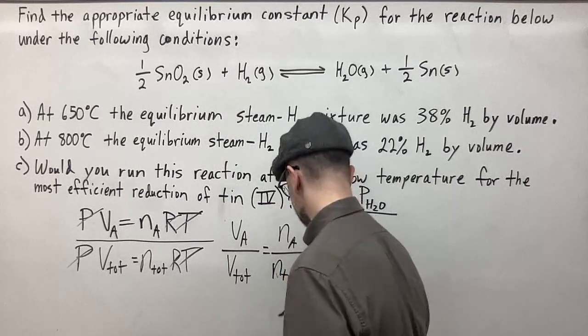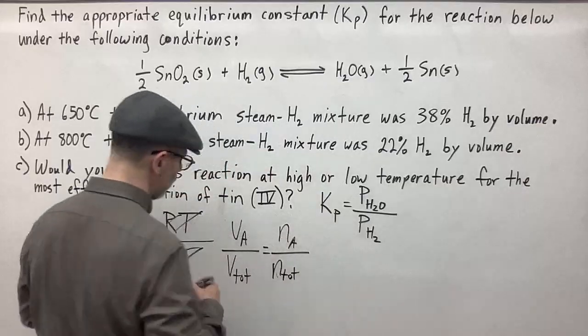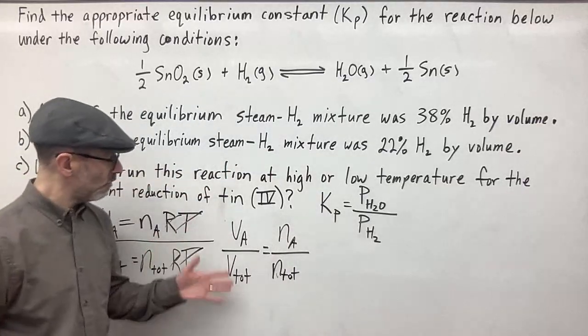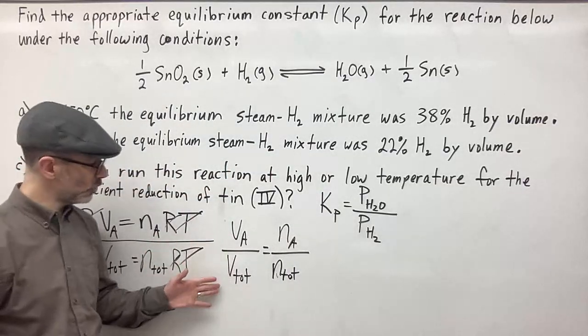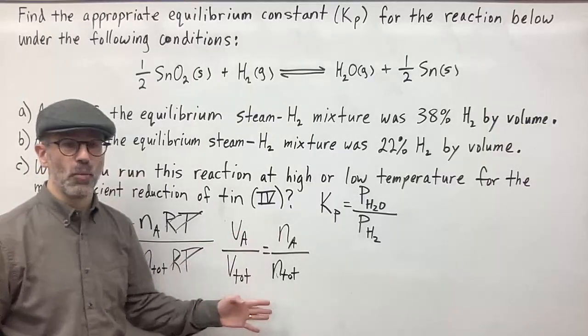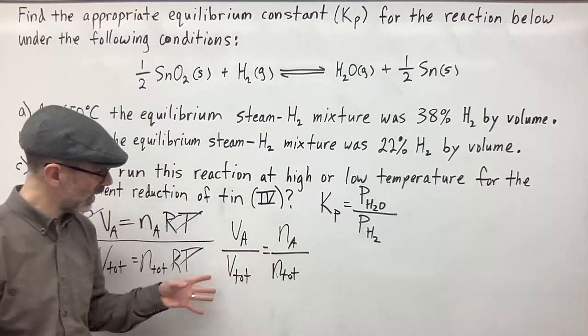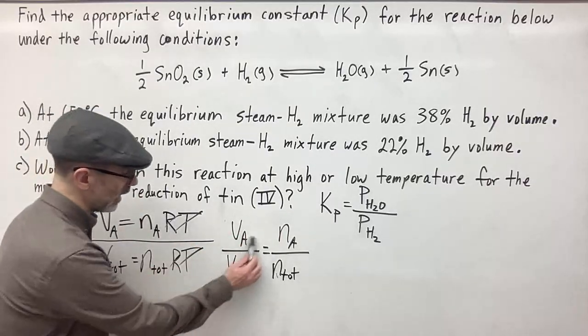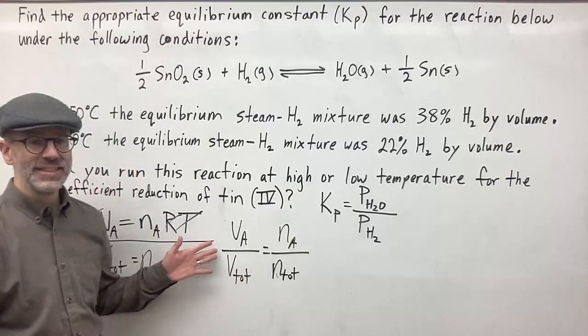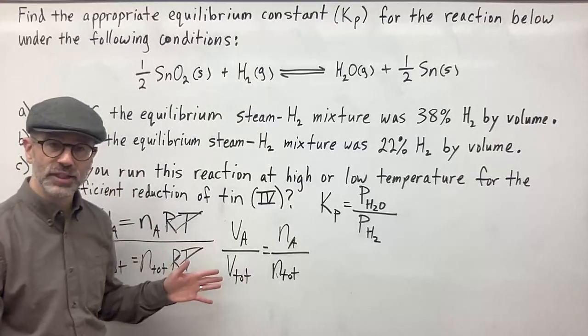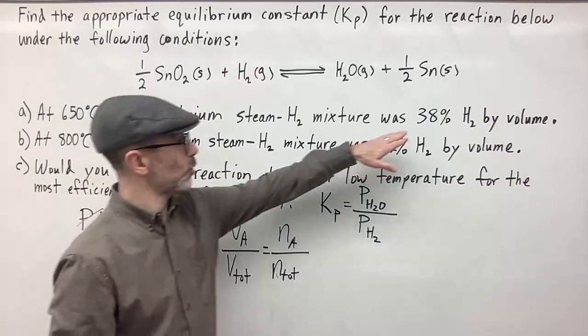And so what we see right away here is that volume is proportional to the moles. And if you also recognize that this VA over V total is the volume fraction, that's where we get our percentage from.